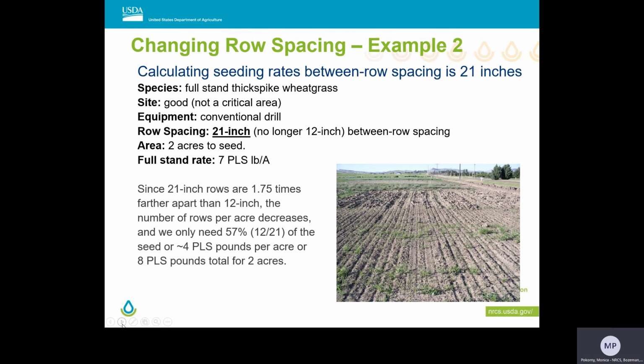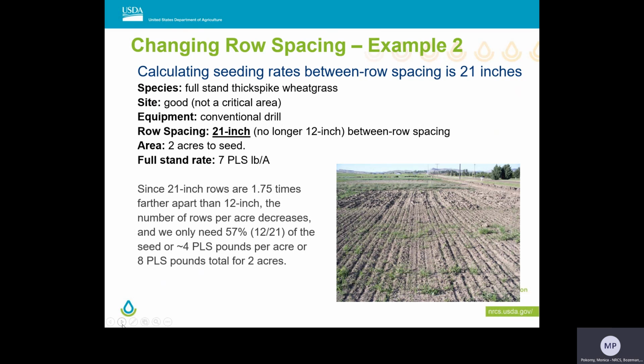So again, let's work through a couple examples, and we'll continue using our 1 species full stand rate of thick spike wheatgrass on a good site with a drill seeder. And now in this scenario, we're going to be looking at a 21-inch between row spacing.